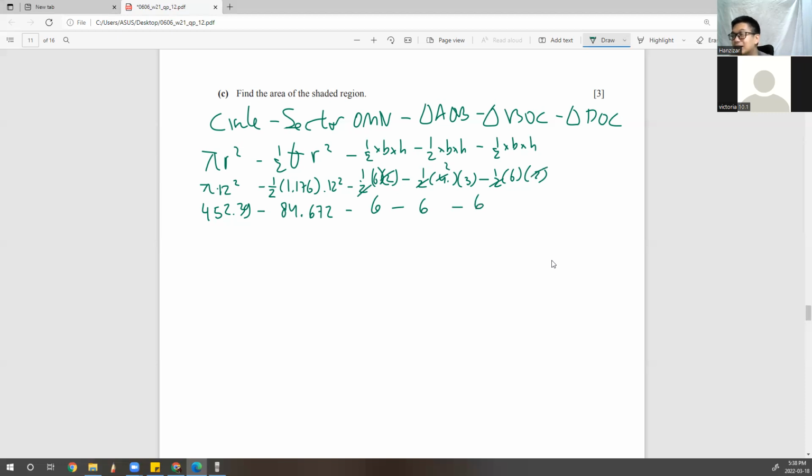It's a coincidence, not always equal. So right now, calculate it by yourself. See cm squared, done, right? I'm afraid that I missed the subtraction.